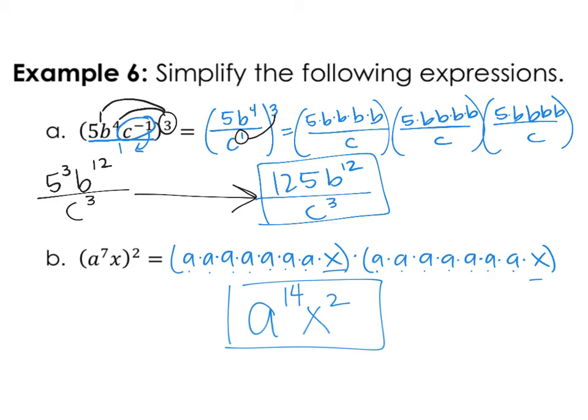We had an a to the 7th and an x to the 1st. So if I take that 2 and multiply it, 2 times 7 would be a to the 14th. And 2 times 1 would be x to the 2nd, which we did get in our original when we wrote out all of those letters.